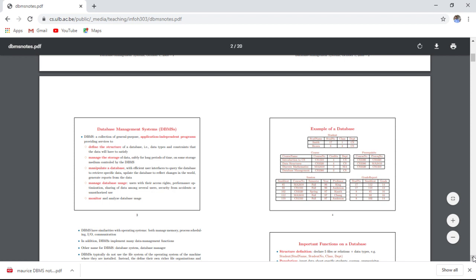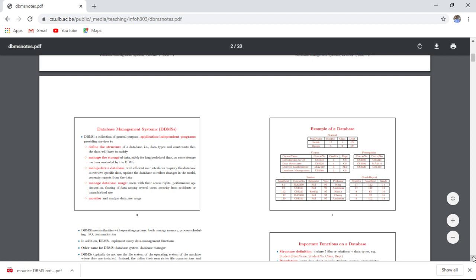One of the services the database management system is going to provide is to define the structure of a database, i.e. the data types and constraints that the data will have to satisfy. The constraints.